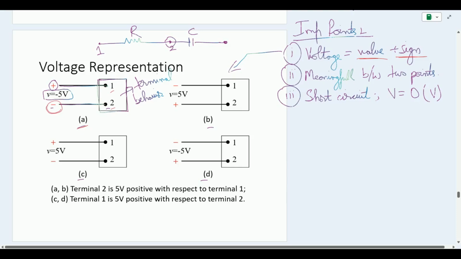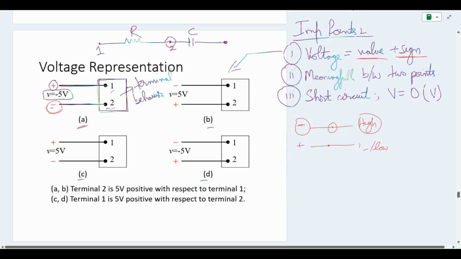So remember, we talked about voltage, defining it as the energy needed to move something from a reference or a low point to a high point. So when we say that voltage has a value of -5 volt, this means that the negative terminal is at a higher potential compared to the positive terminal, which is at the lower potential.